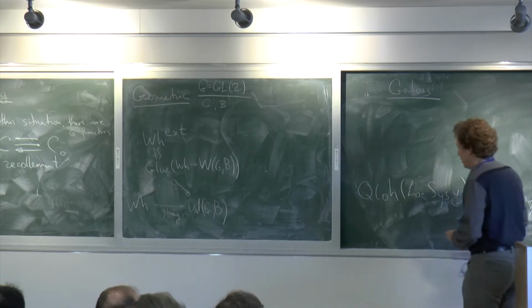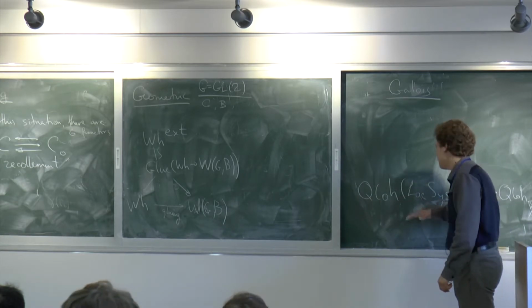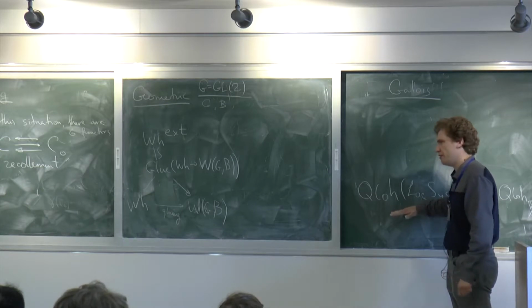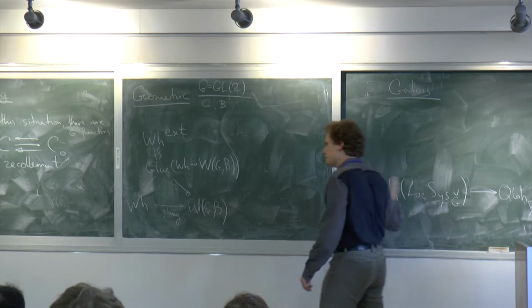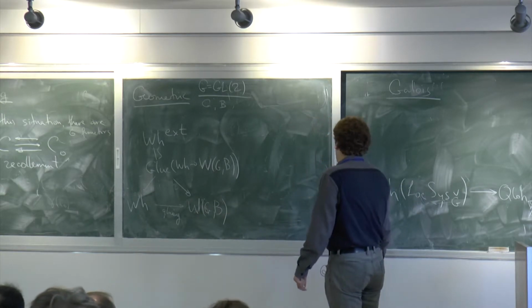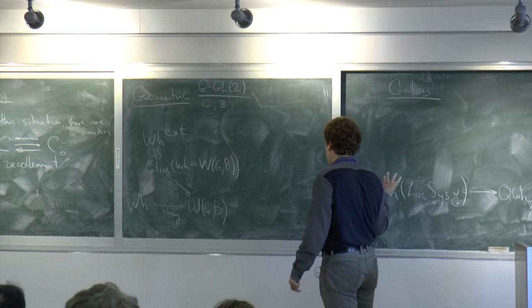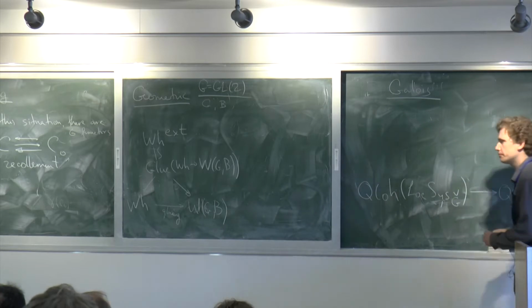But in general, at least at this point, I find it easier to work with this category and just sacrifice the essential surjectivity of this functor. Just leave it as a fully faithful functor.